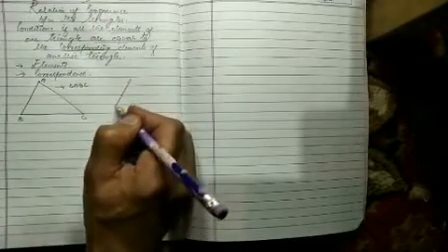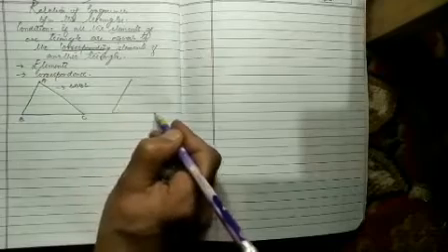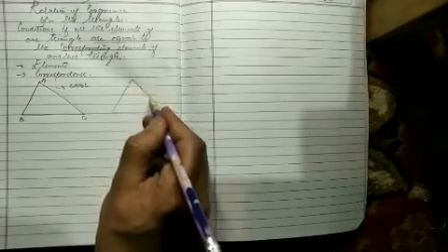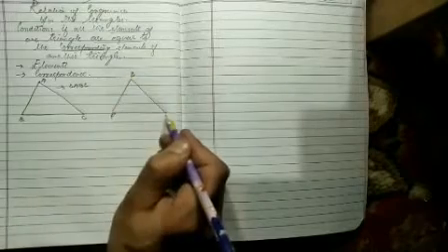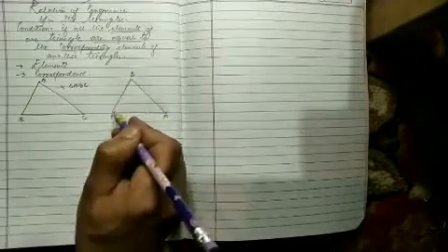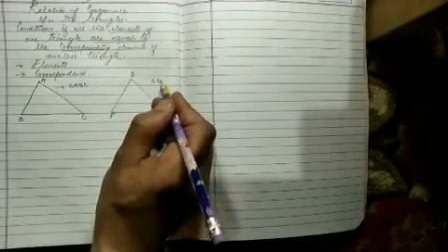Similarly, we'll draw another such figure with the help of three more line segments, and we'll call this figure triangle DEF.